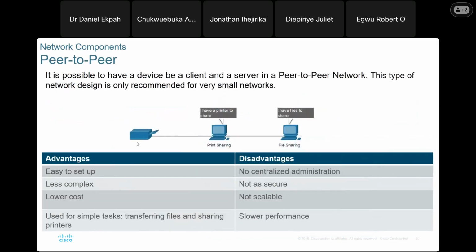All right, you can connect to a network via peer-to-peer. It's possible to have a device be both a client and a server in a peer-to-peer network. This type of network is only recommended for very small networks. It's easy to set up, less complex, and low cost. It's used for simple tasks, like transferring files and sharing printers.